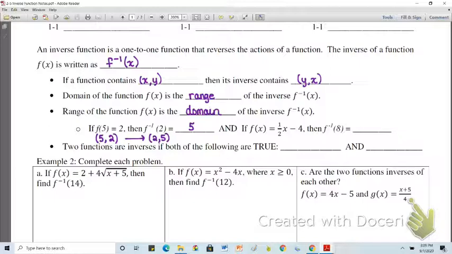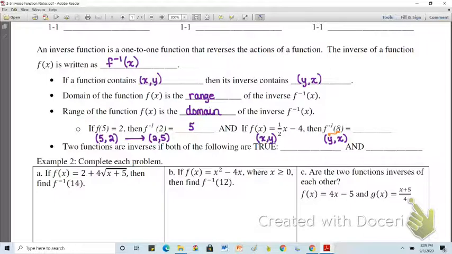And if f of x equals 1/2 x minus 4, since I have a function, I'm just going to write the point as (x, y). Then I know the inverse is going to have the point (y, x). Therefore, this right here needs to get plugged in as my y into the original equation.